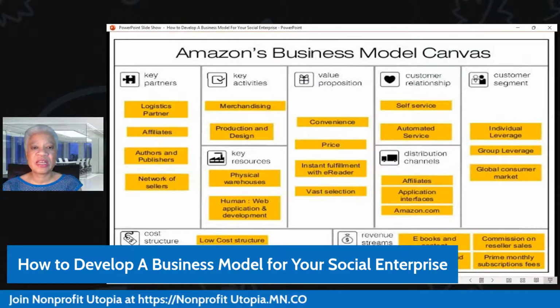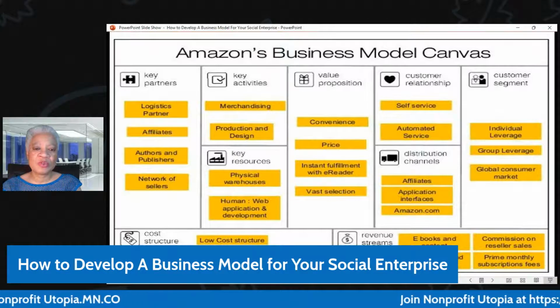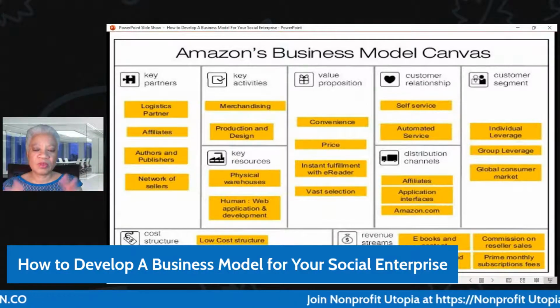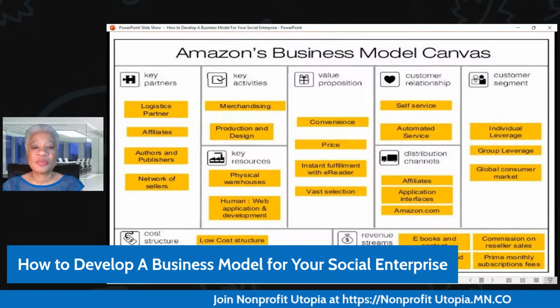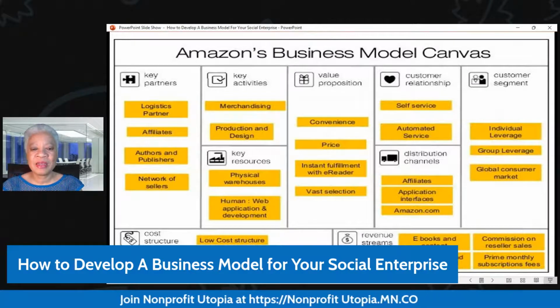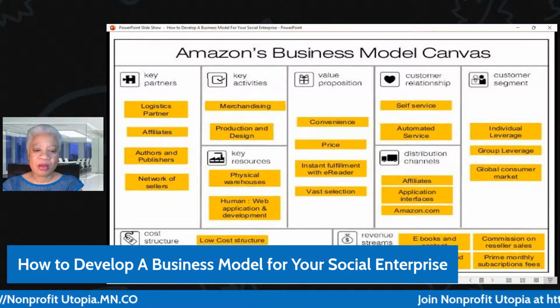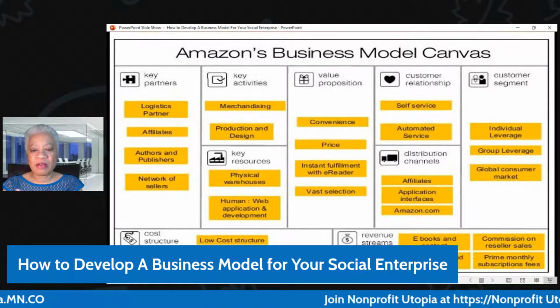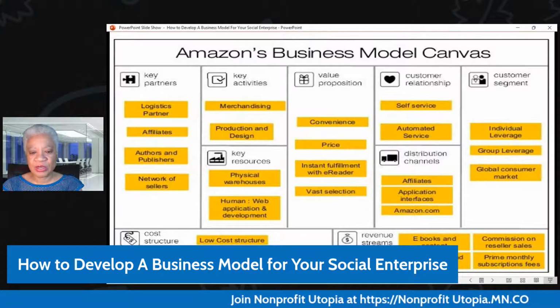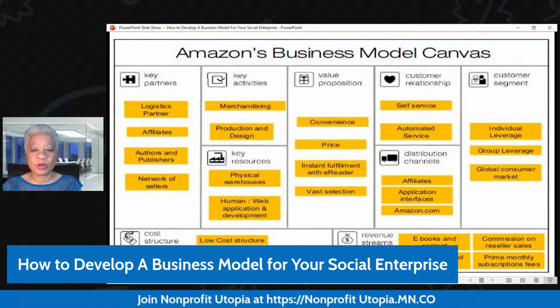And then they've reached economy of scale because they have been able to reach so many people that, not necessarily producing all of the products they sell, but they have gotten to the point where they can buy in bulk and they can sell at lower prices and reach many, many more people around the world.